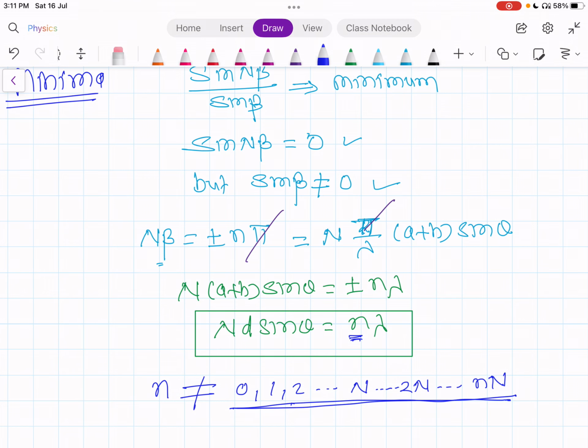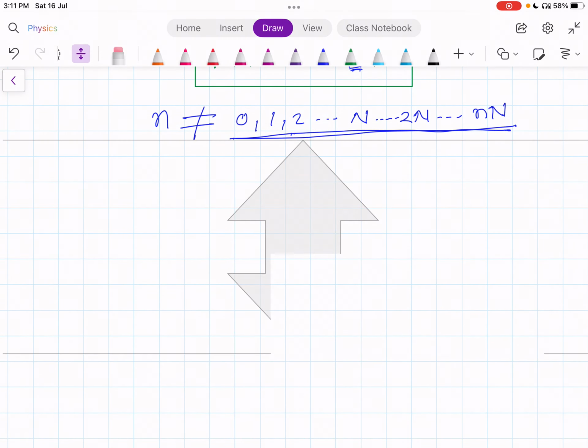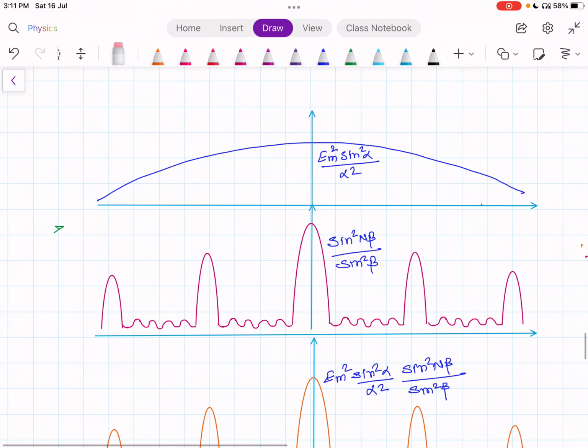Now let us see the graph of this principal maxima and minima. This is the graph.